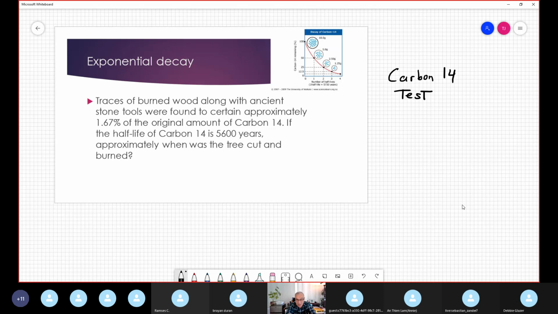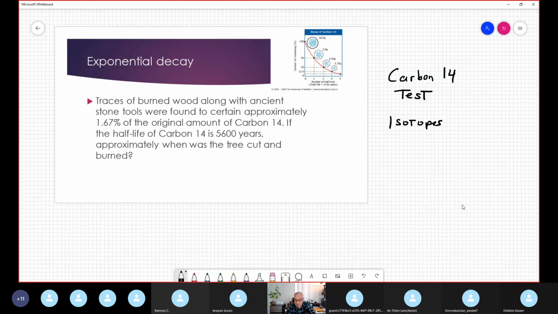And what is the idea behind the carbon-14 test? Well, carbon-14 is a radioactive isotope, and it disintegrates over time.